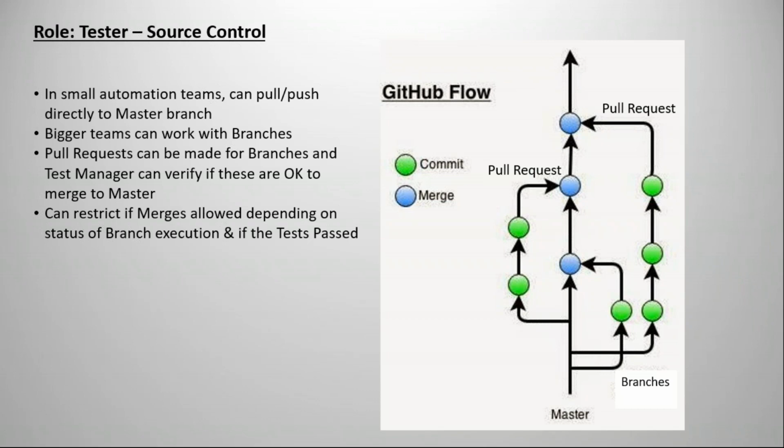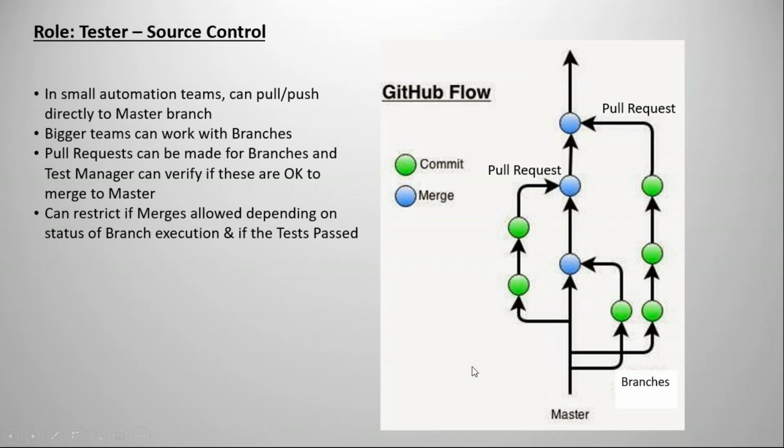So what we can do is get them to work in a branch, just as Steve has done. So he creates a new branch, he will add tests, amend tests, work in that branch, and then raise what's called a pull request to say, right, I've made some changes, but I haven't made them directly to your project. I've made them in this separate side branch. You can review those, and if you're happy with them, we can then merge them into the main project.